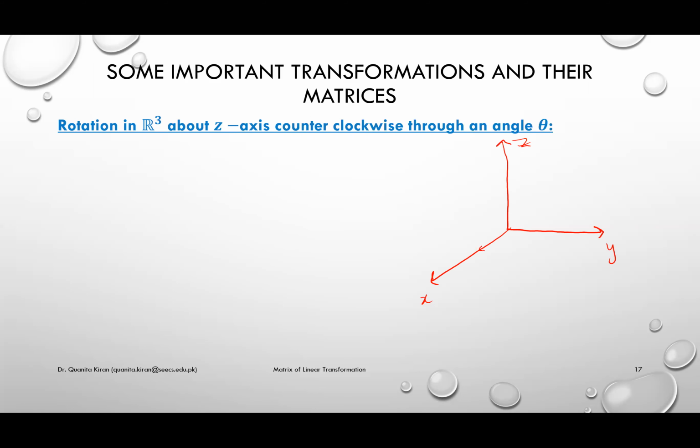Here is the vector e1, the basis in the direction of x, or you can say vector i, vector j, and this is the third vector k. So we apply this rotation in 3 dimensions through an angle theta on the basis of R3.